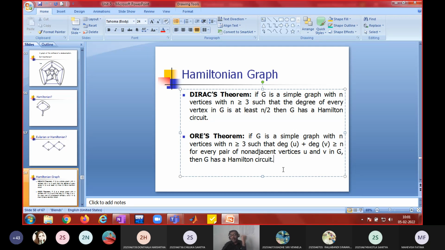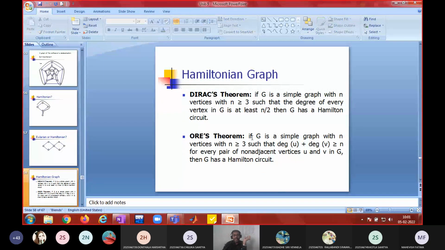If that is the case, then definitely it is going to be Hamiltonian. A Hamiltonian graph need not have this property, but if this property is satisfied, it is going to be Hamiltonian.